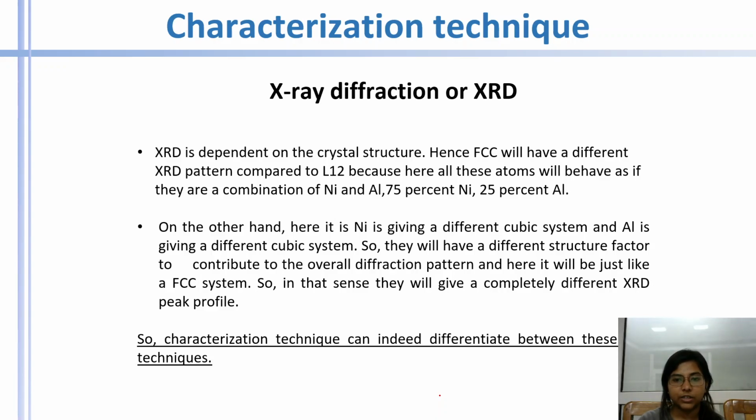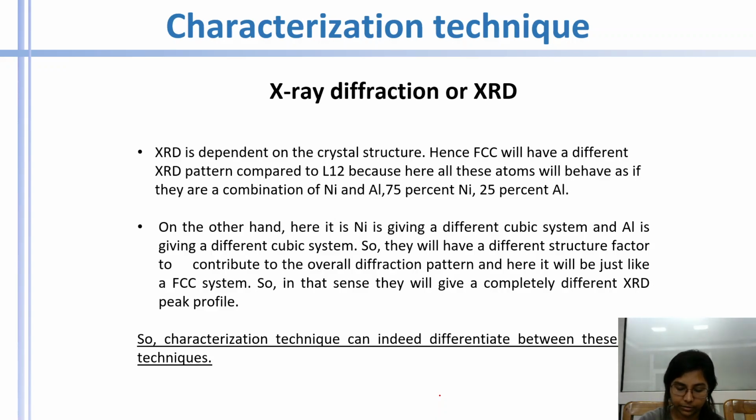It will have a different structure factor to contribute to the overall diffraction pattern, so it will give a completely different XRD peak profile. If we take the XRD profiles of both and compare, then we can differentiate. So characterization techniques like X-ray diffraction can indeed differentiate between these two structures.